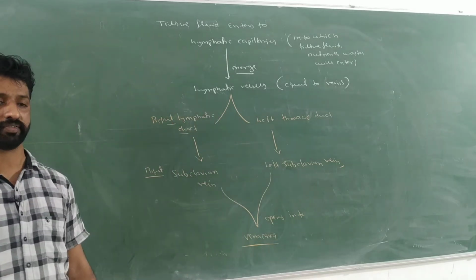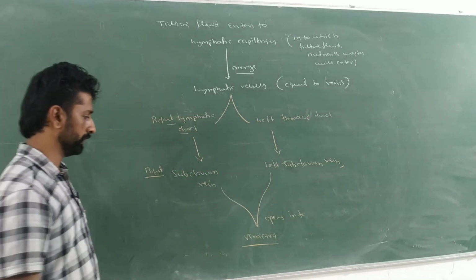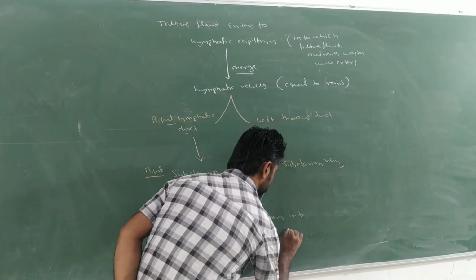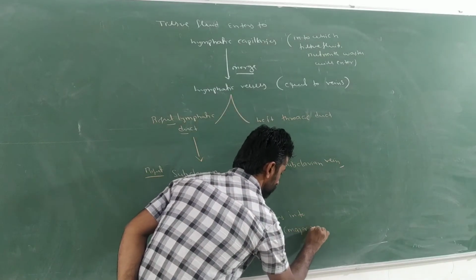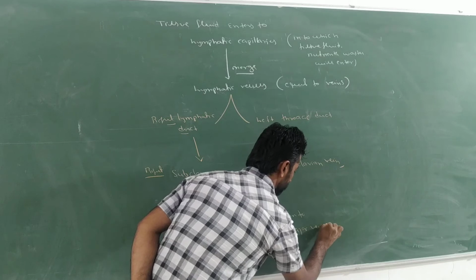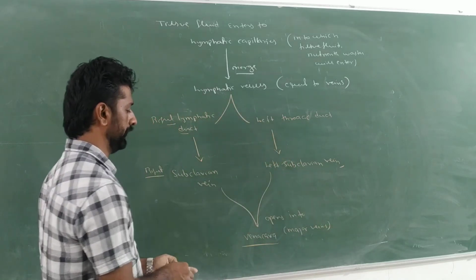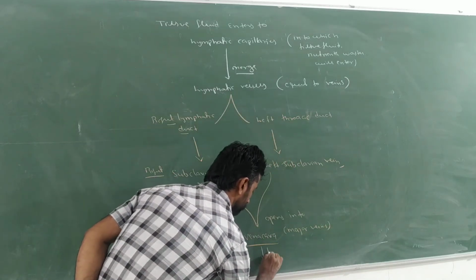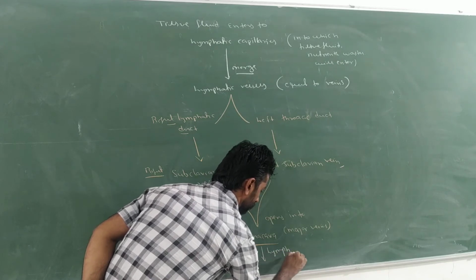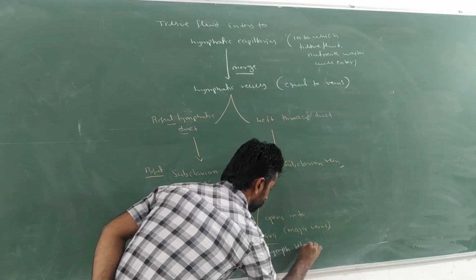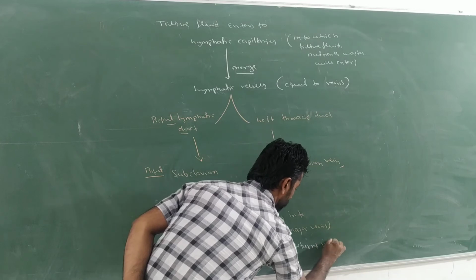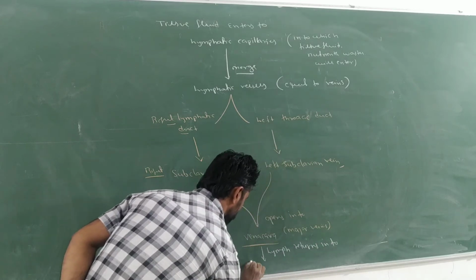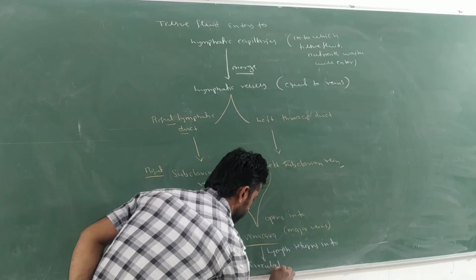A major vein present in our body. They open into the vena cava, nothing but the major veins in our body, and so the lymph now returns into the circulatory system again.